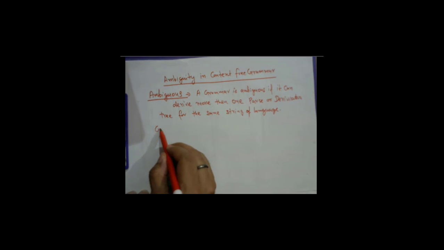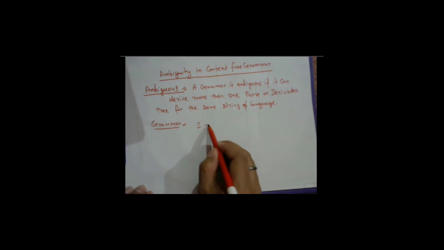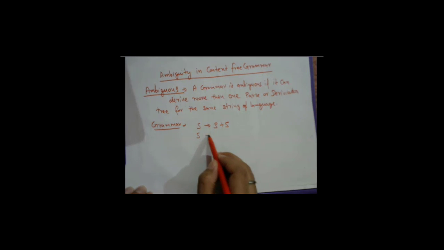Suppose a grammar is defined like this: S tends to S plus S, S tends to S into S, S tends to id, and id tends to 1, 2, 3, 4 up to 9.